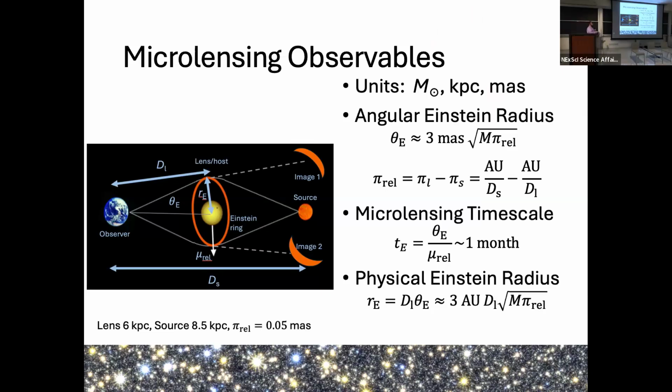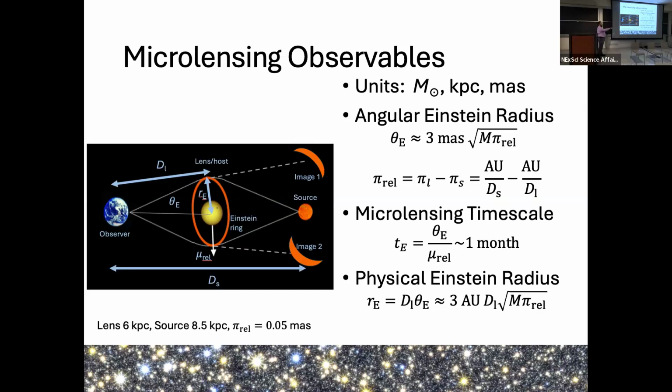So what we're going to observe is this very close alignment of the two objects, which is not going to last very long. It doesn't take a star very long to move a milliarc second on the sky. And so we're going to observe it by watching the brightness of the background star change as it gets lensed by the foreground object.